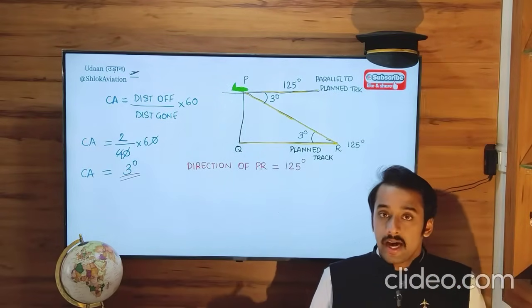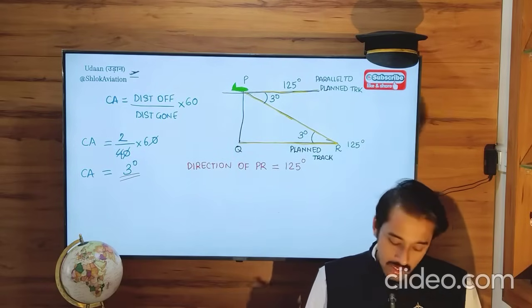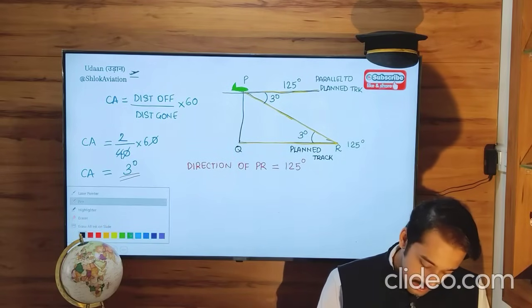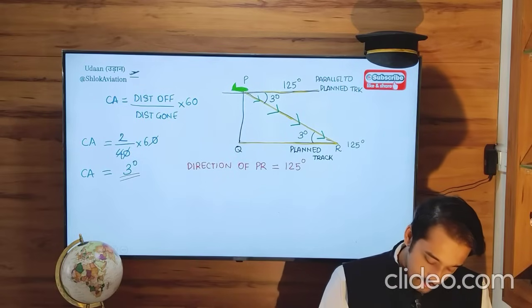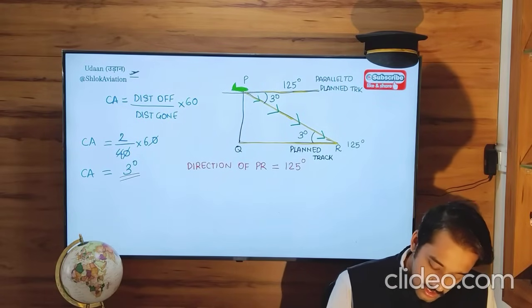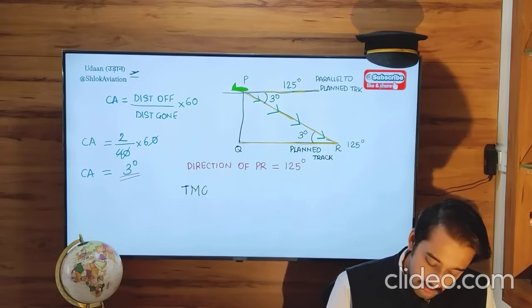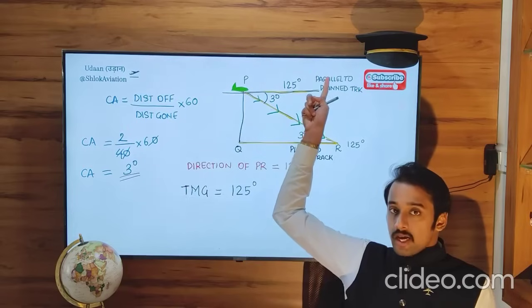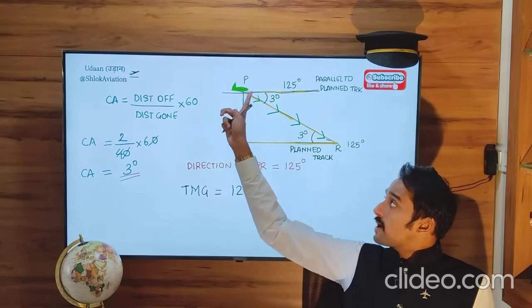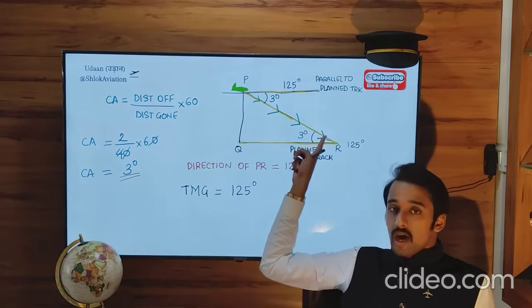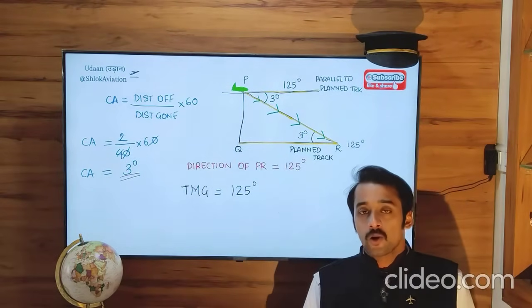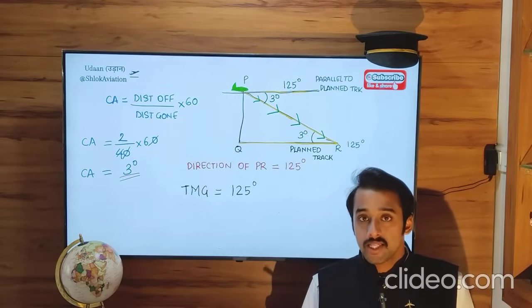And now you have to find the direction that your aircraft must fly in order to come directly overhead R. So the track made good will be equal to 125 degrees. 125 degrees will take you straight ahead, but you don't want to go straight ahead. You want to make a right turn towards R. And whenever you make a right turn or clockwise turn, your directions increase in value.